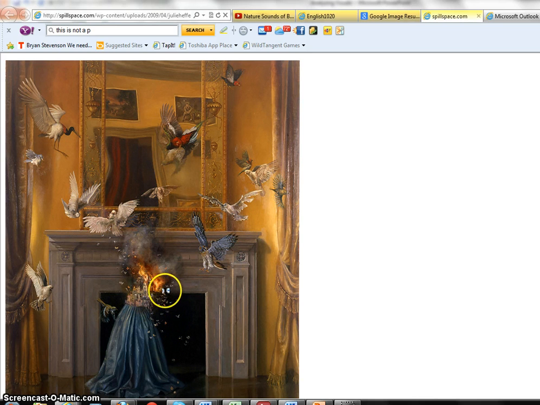So literally, freedom is coming out of the flame, and that might remind you of a story from mythology that you might remember from high school about how the phoenix rises from the ashes again. In other words, something is born of destruction. So if who this person was is now being destroyed, what will rise out of the ashes of this destruction? That's something for you to think about.